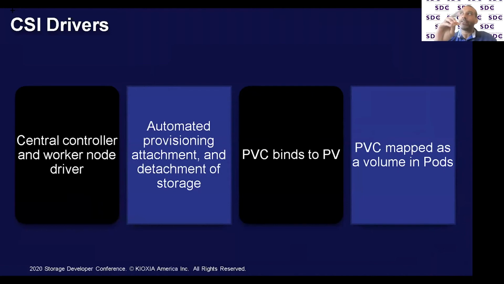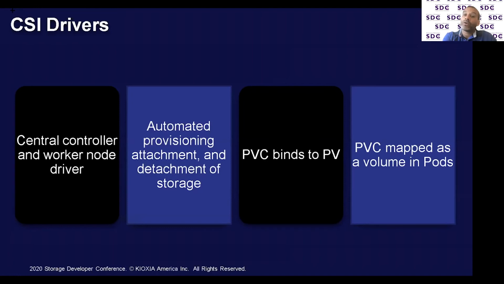There is a central controller which runs in the Kubernetes cluster itself, and then there is a node driver which runs on every Kubernetes worker node. The central controller provisions the storage whenever Kubernetes containers need that storage. It provisions that storage from a provisioner which is assigned to that controller, or for which this controller is responsible.